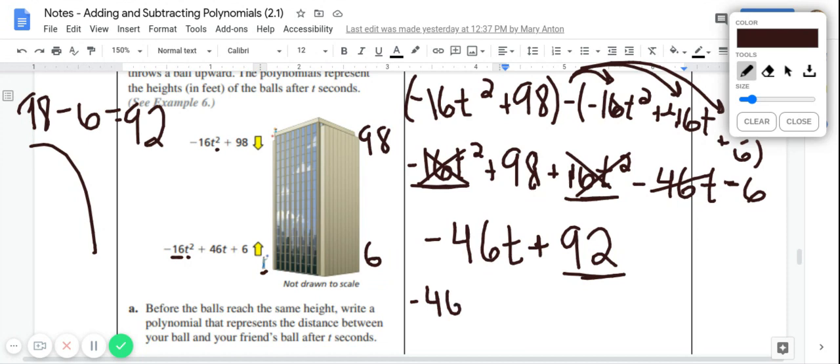This negative 46, so this leading coefficient of negative 46 is the rate of change in the distance between the balls.